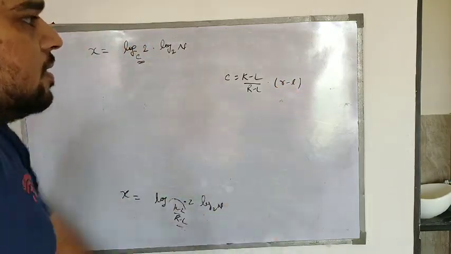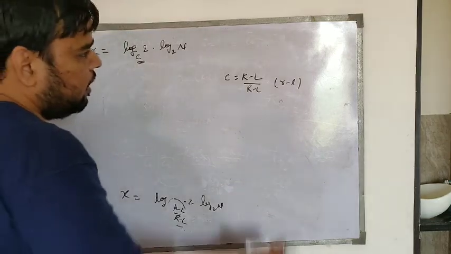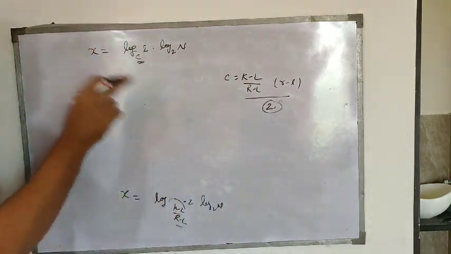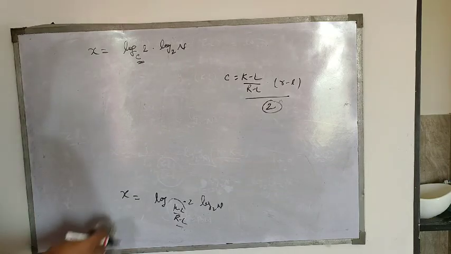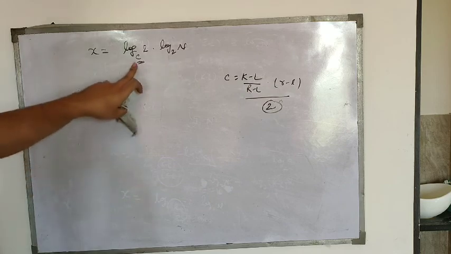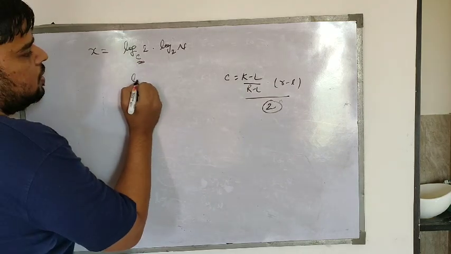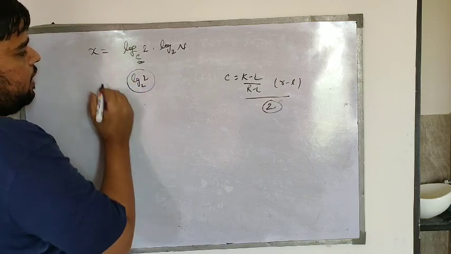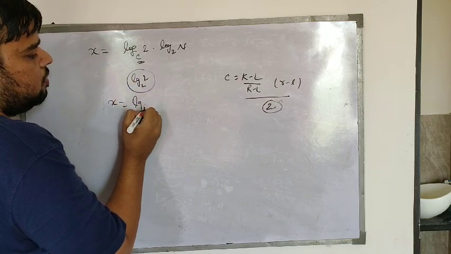These are the indexes. Now if the value for this c is 2, then this will work like a binary search. So let's try to know that. If the c is 2, then log with base 2 of 2 will be 1. So if this is 1, then x will be log 2 N.